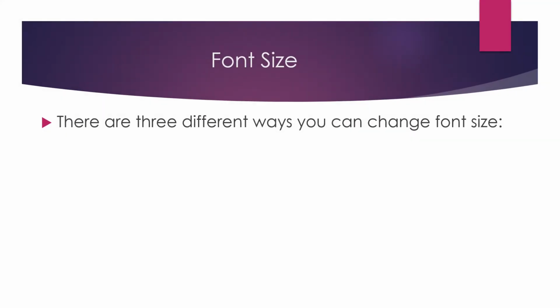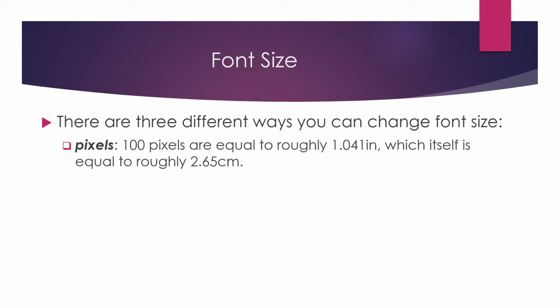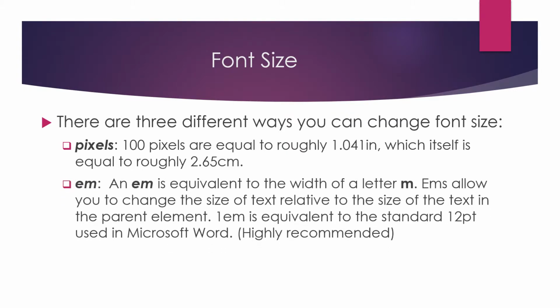Font size. There are three different ways you can change font size. You can use pixels. 100 pixels are equal to roughly 1.041 inches, which itself is equal to roughly 2.65 centimeters. You can use EM, and EM is equivalent to the width of a letter M. EMs allow you to change the size of the text relative to the size of the text in the parent element. 1 EM is equivalent to the standard 12-point used in Microsoft.